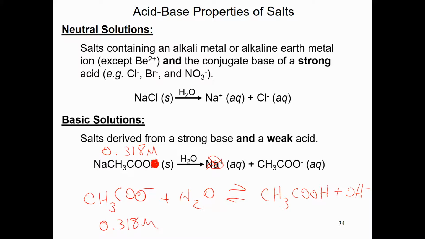This would be 0, this would be 0, and I could find the OH minus, right? And you would be able to tell me what is the pH of that. You would find the pOH and then find the pH. Okay? So that's kind of the idea for these basic salts from the conjugate bases of weak acids.